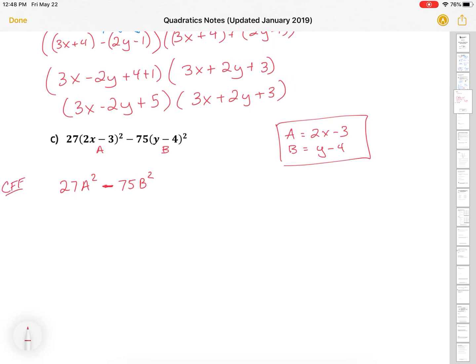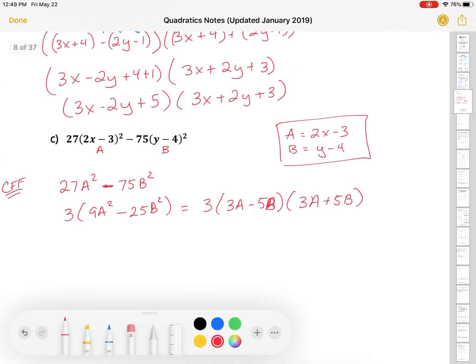So I'm going to take out a 3, because right now it doesn't look like a difference of squares. But when I do that, I get 9a squared. 9's a perfect square. And I get 25b squared. 25's a perfect square. So this would be 3 times 3a minus 5b, and 3a plus 5b. Okay?